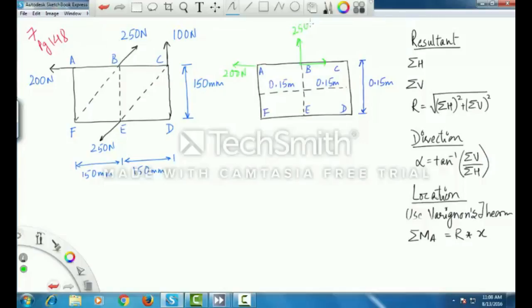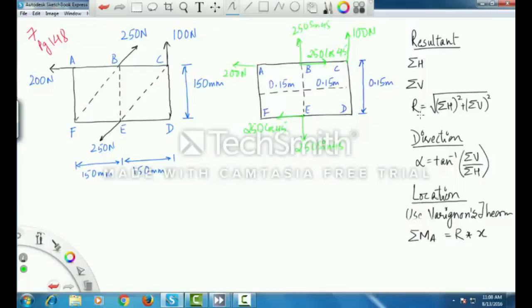Resolve the force in this direction: you've got 250 sine 45, 250 cos 45, and you've got this 100 Newton. This can be resolved into two forces, 250 sine 45, 250 cos 45. And I'm going to convert all the mm into meters.